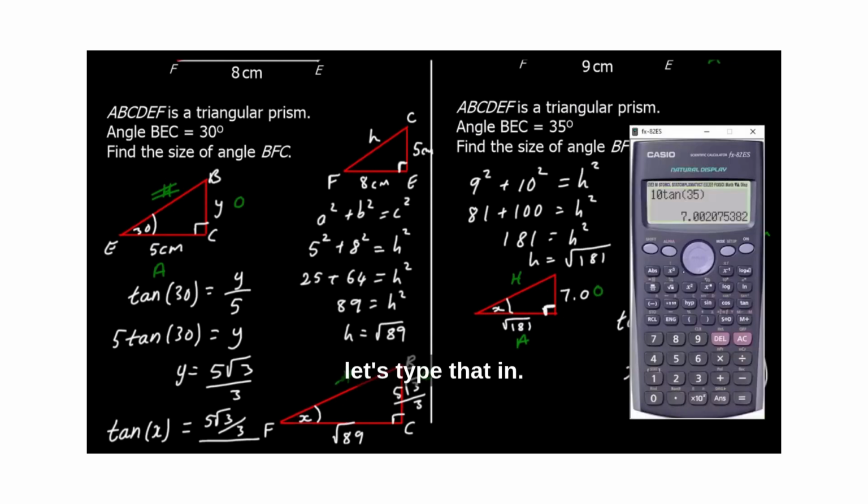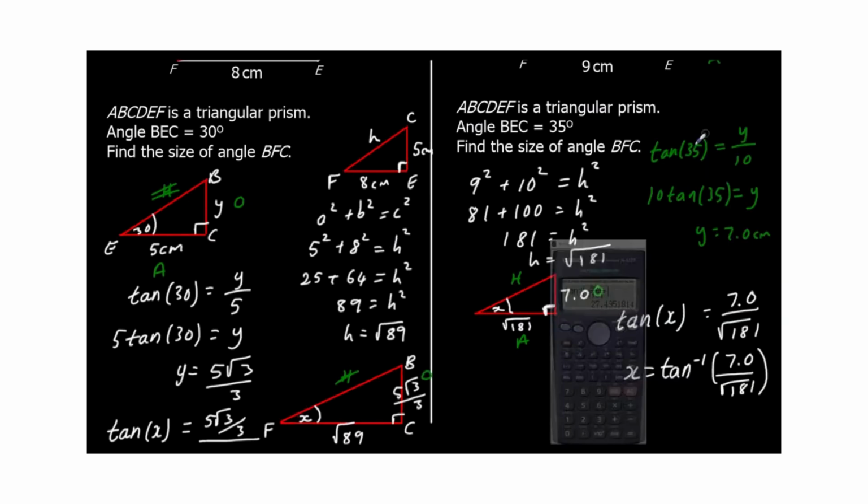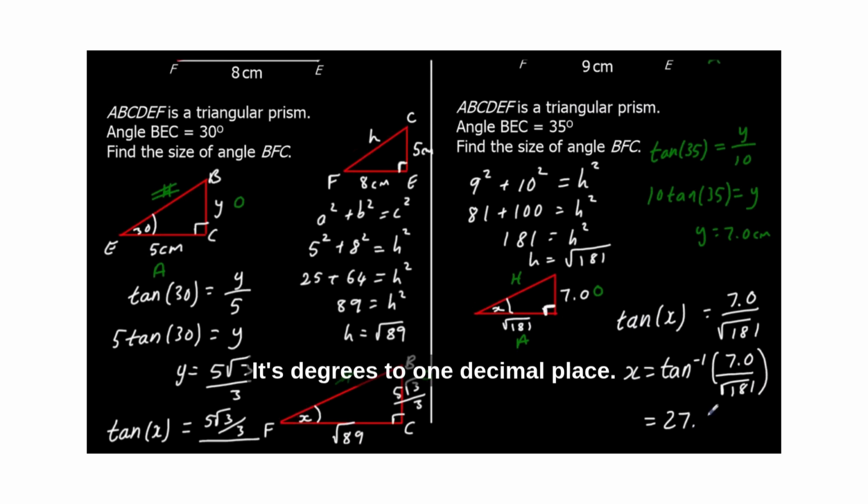So let's type that in, shift tan, answer, over root 181, and we get our answer of 27.5 degrees to 1 decimal place.